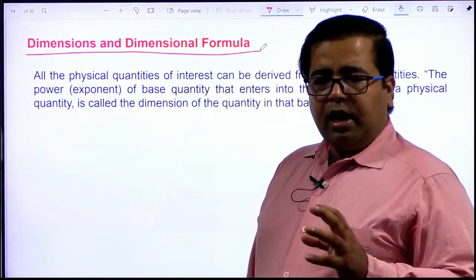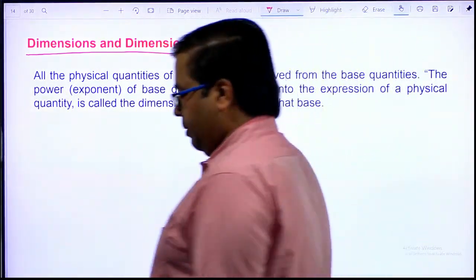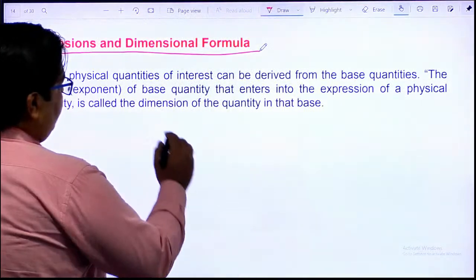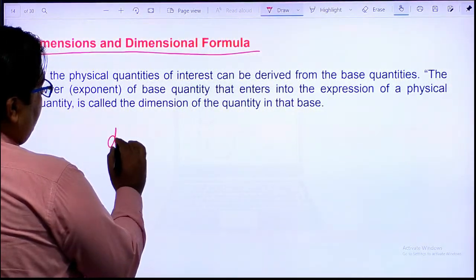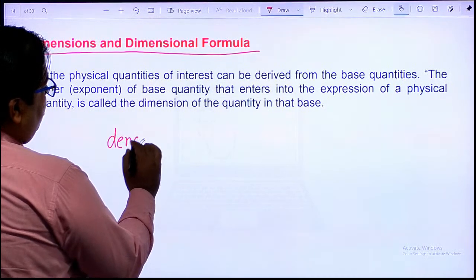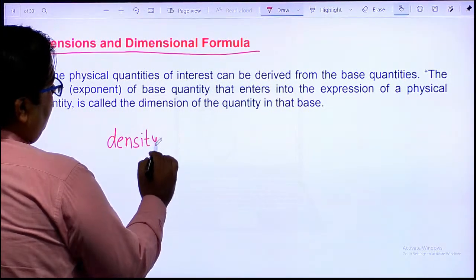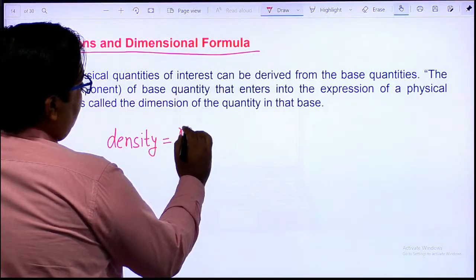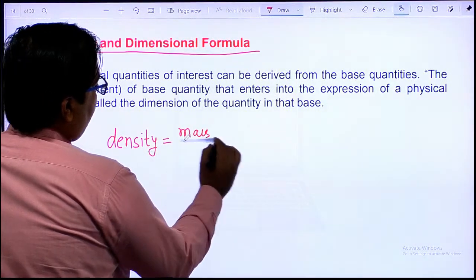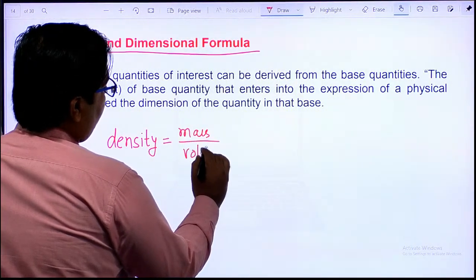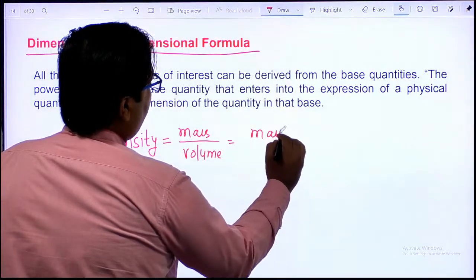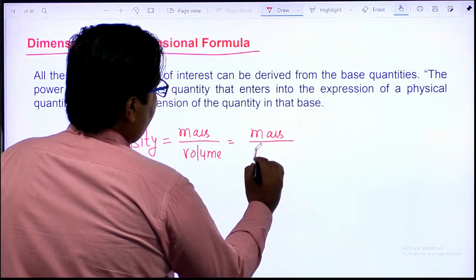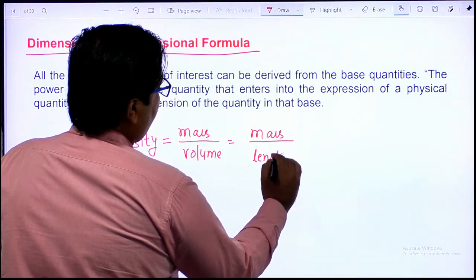Just see here, if you write density, density is written as mass by volume, or mass by length to the power 3.